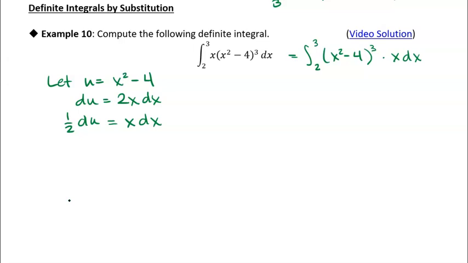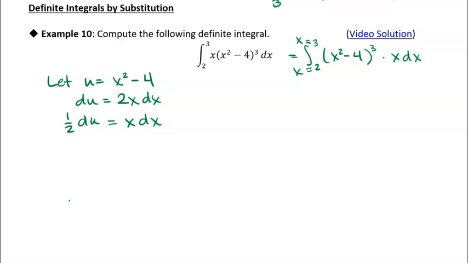Now, when we make this substitution, we have to replace all of the x's with u's. And we have to keep in mind here that these limits of integration are x values. This is x equals 2 and x equals 3. So we're also going to translate those x values to u values using this substitution.